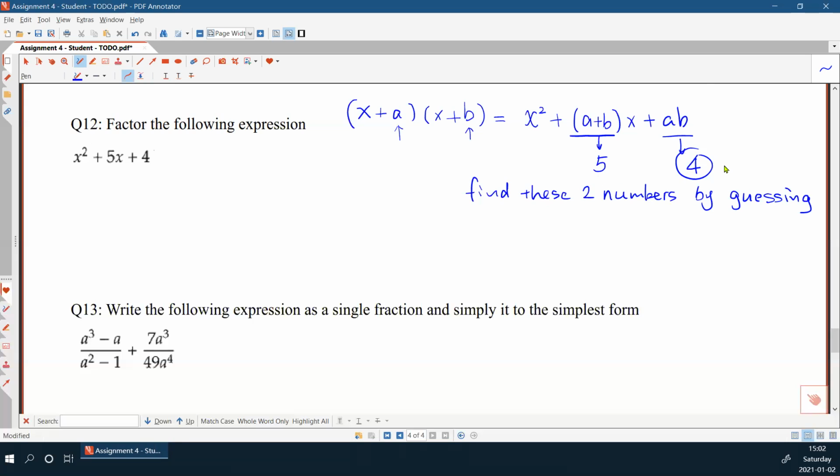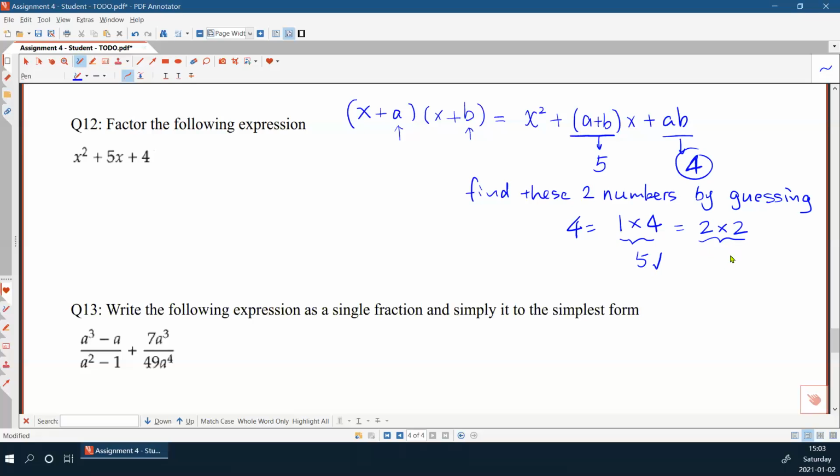So to guess these two numbers, we can factor 4. 4 can be factored to 1 by 4, or it can also be factored to 2 by 2. And then we can check the sum of these two numbers to see if it is 5. 1 plus 4 is 5, so this one is correct.